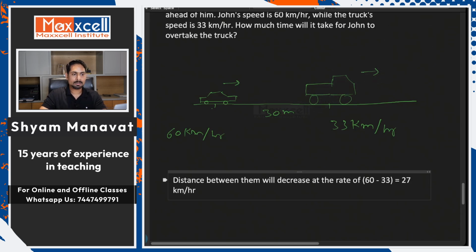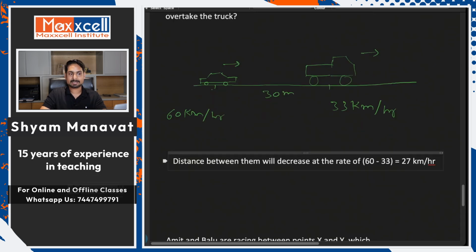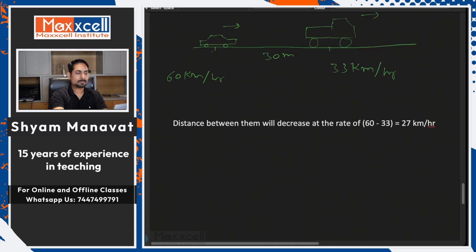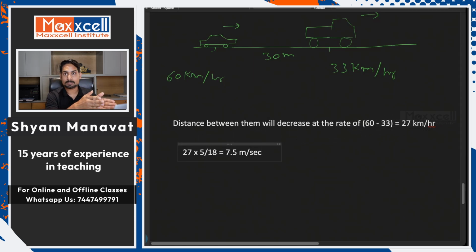Now I convert this into meters per second, because distance is given in meters. If I multiply 27 by 5/18, I will get 7.5 meters per second as the relative speed of these two objects, the speed of one object with respect to the other.